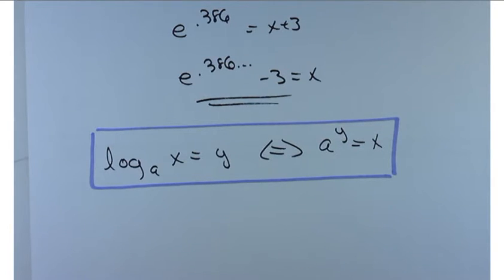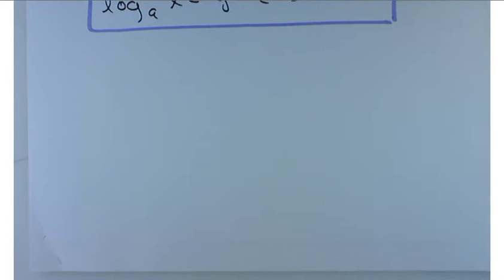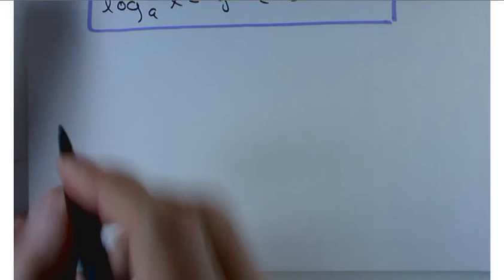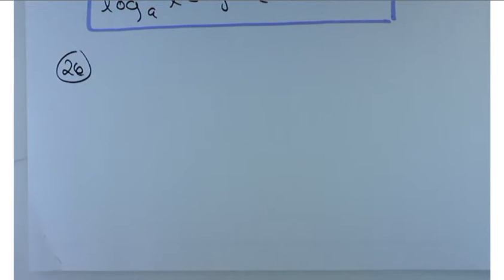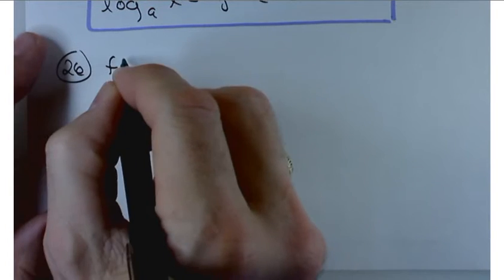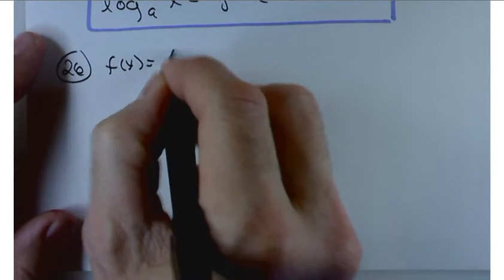Let's back up and take a look at problem number 26. F of x is x over 2 minus sine of pi x over 6.